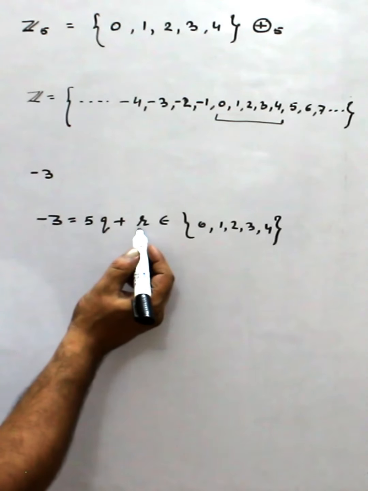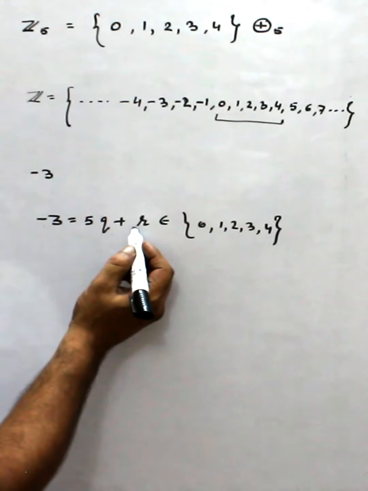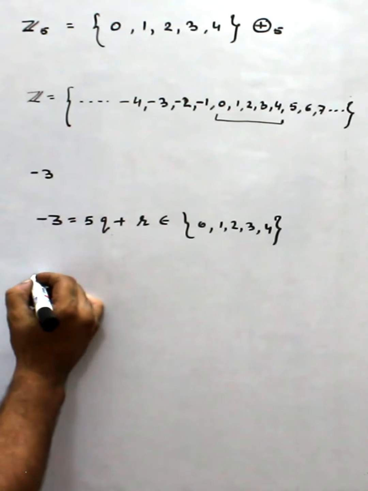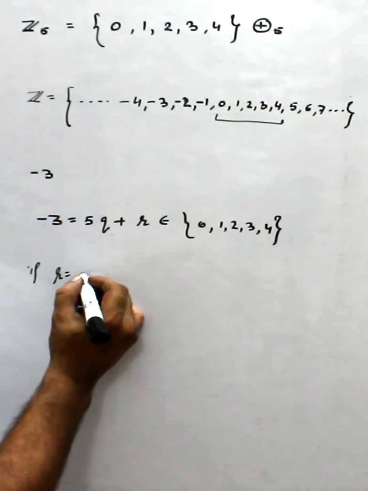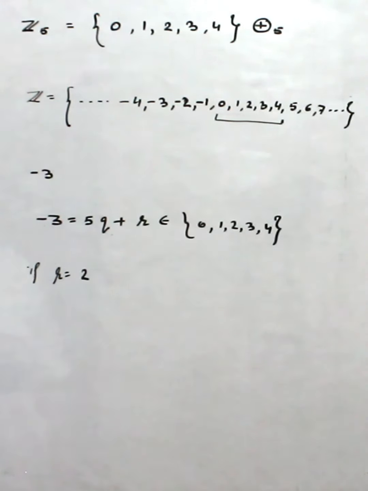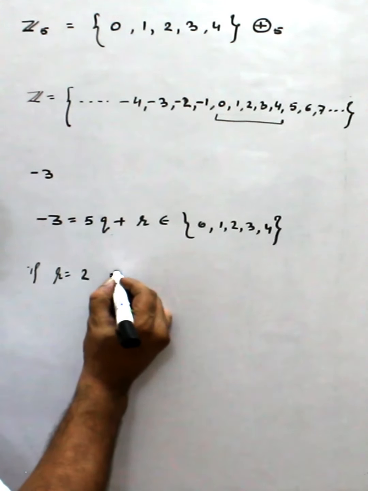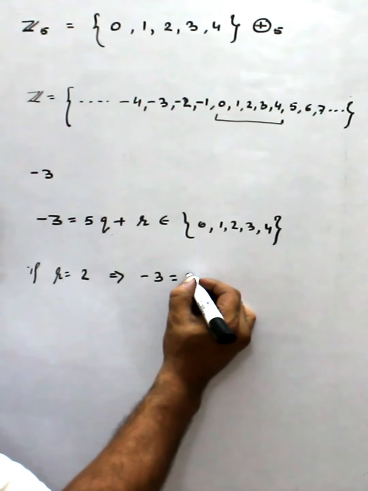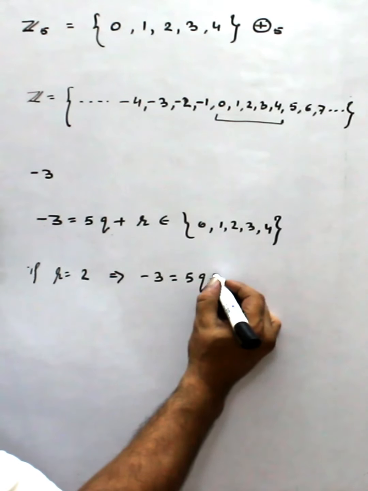So if I take r equal to 0, then it is not satisfied. If I take r equal to 1, then also not. If I take r is equal to 2, what happens? This equation becomes -3 equals 5q plus 2.